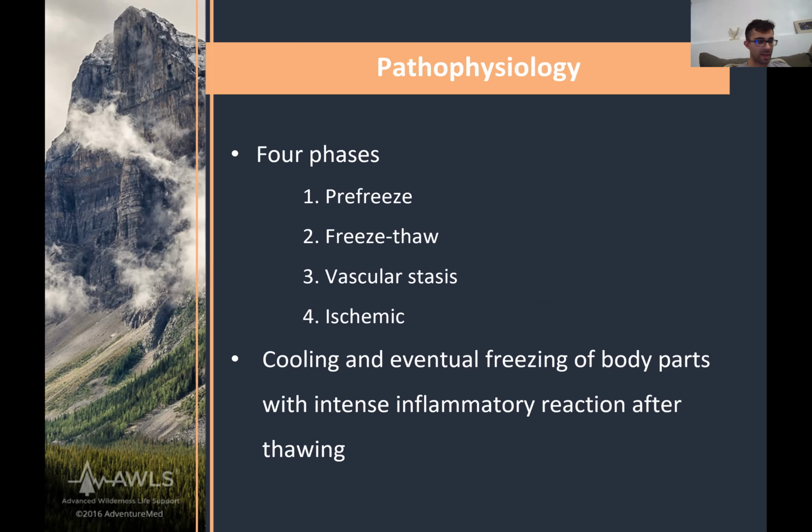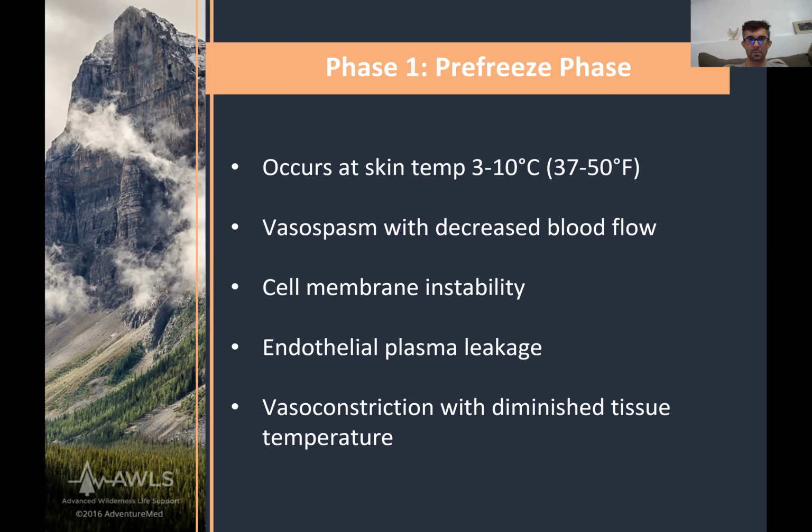There's overall 4 phases: the pre-freeze, the freeze-thaw, vascular stasis, and ischemic. Cooling and eventual freezing of body parts does lead to an intense inflammatory reaction after thawing, which is basically the vascular stasis and ischemic phases of this staging system.